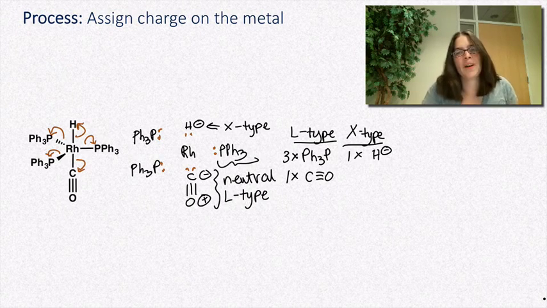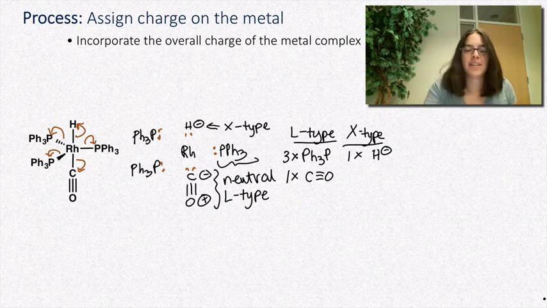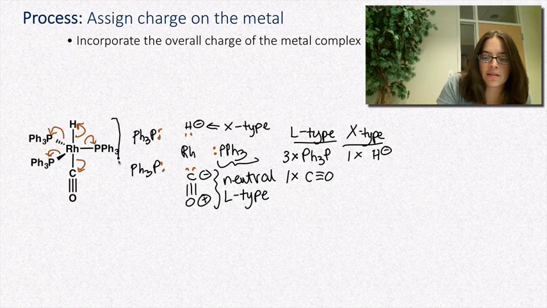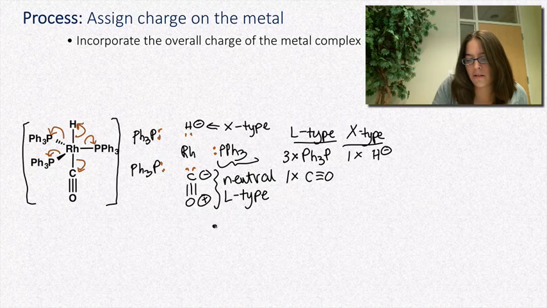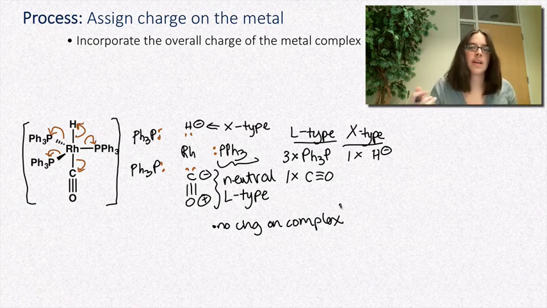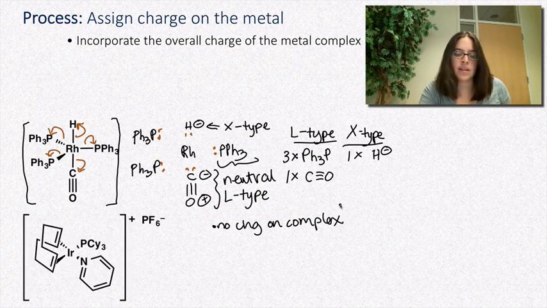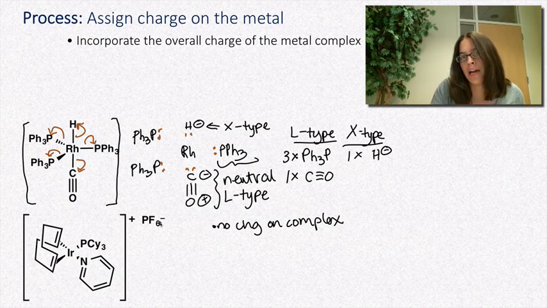Once we've done this, we're ready to assign charge to the metal. So the first step, if you want to assign the charge on a metal, is to incorporate the overall charge of the metal complex. This is funny to see here because this is an uncharged complex. If it were a charged metal complex, you would expect to see something like this, where the brackets have a positive or negative charge associated with them, and probably a counter anion or cation.